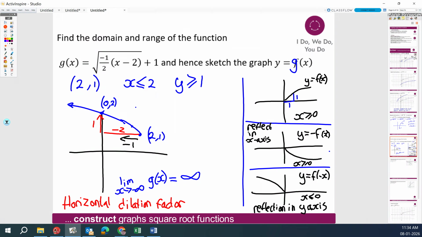Sorry, horizontal dilation factor 2. I keep getting it wrong. Horizontal dilation factor 2.